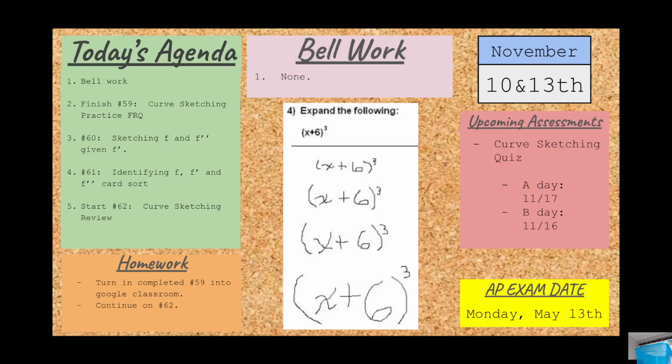Decreasing. Decreasing. Vertical line is undefined and zeros. Looking at the wrong one. Two critical numbers.